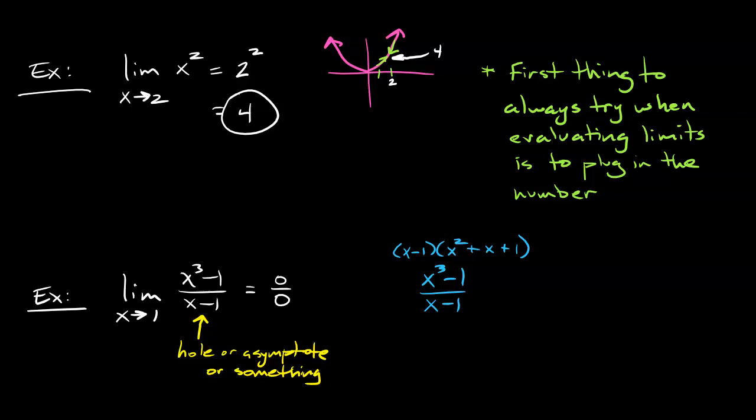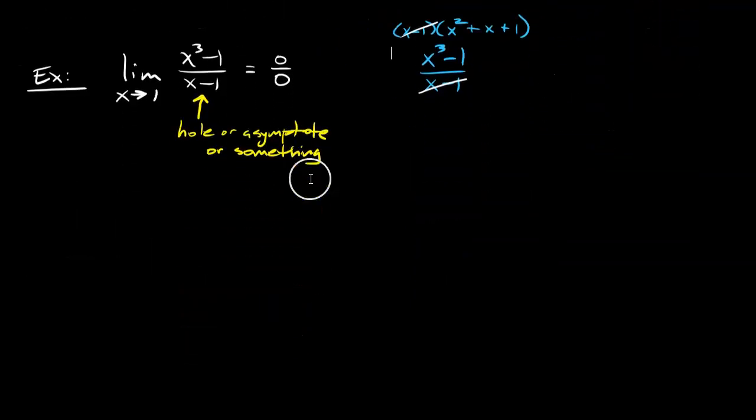So this is limits with factoring. Well, I can tell that x minus 1 will cancel. So that means I can rewrite my limit as x squared plus x plus 1.